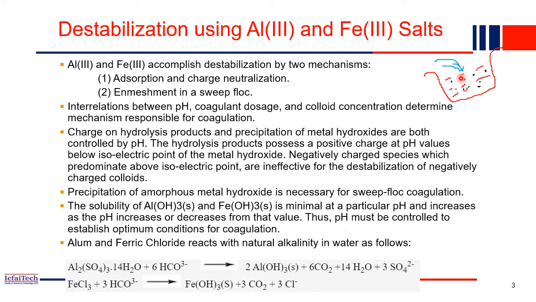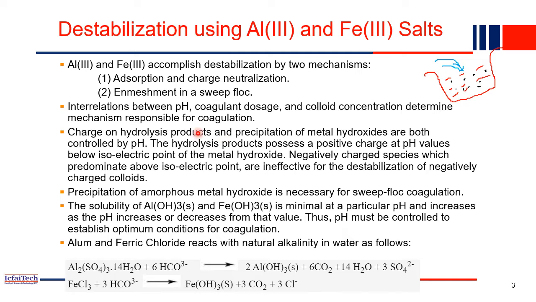Similarly, how much coagulant, how much alum or other coagulant chemicals, you have added to the water, and how much suspended particles are present in the water. These three things determine how the destabilization will happen inside the water. So the charge on the hydrolysis product and the participation of metal hydroxide are both controlled by pH.